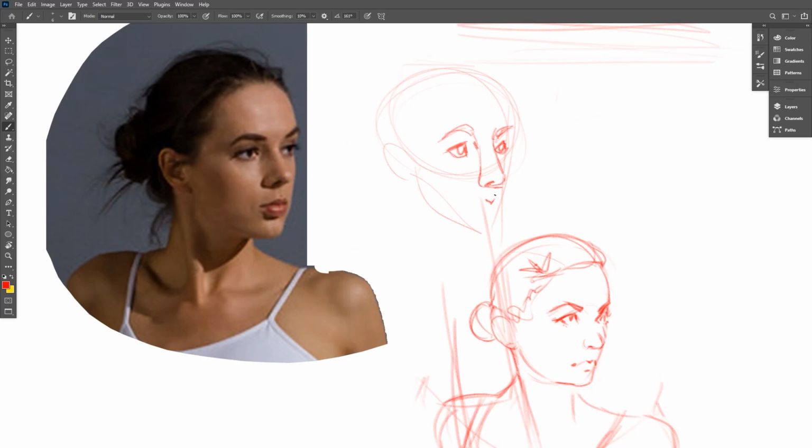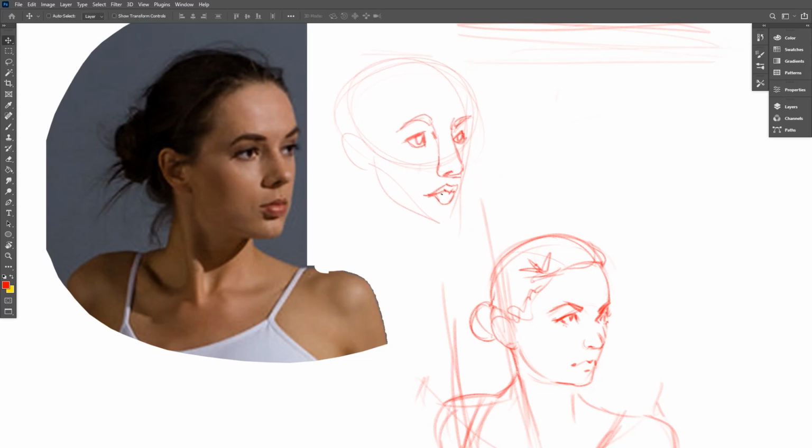And let's get to the lips. And I hope you are understanding where this goes. Okay, so this is why a lot of beginners' drawings look this way.